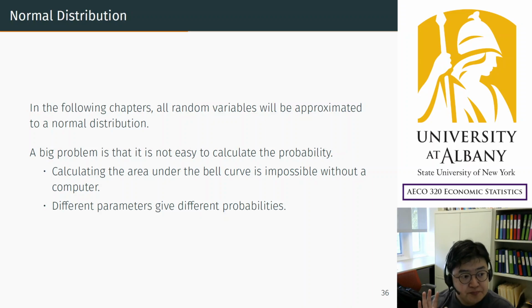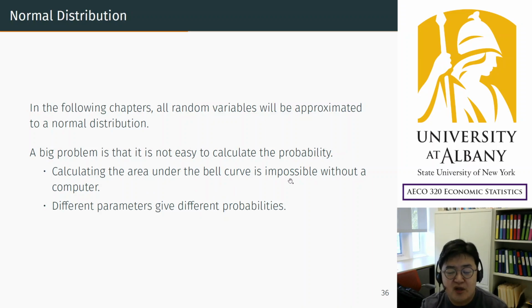Okay, so in the following chapters, all the random variables will be approximated by a normal distribution. The normal distribution is the only distribution you will need, right? So we need to learn how to calculate probability from the normal distribution. But the problem is it is not that easy because, as you see, it looks smooth and nice, and that actually makes calculating the area more complicated, right?